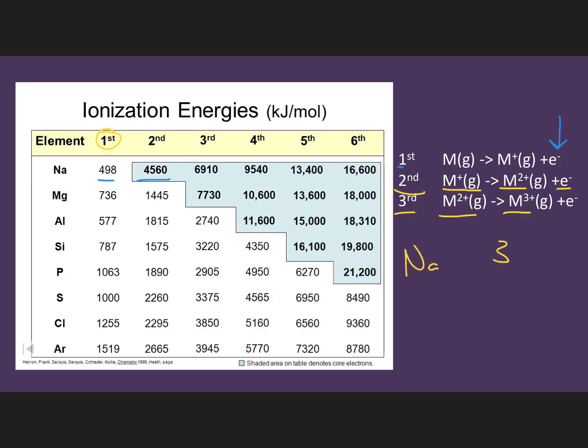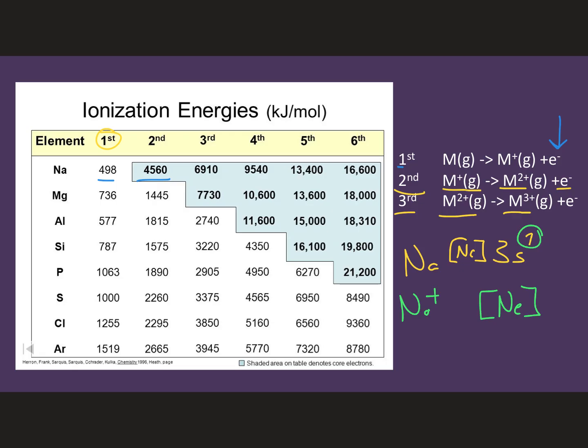It has a 3s1 electron, and underneath that we have our neon core. Getting rid of that first electron removes the s electron, and sodium plus is now just a neon core.